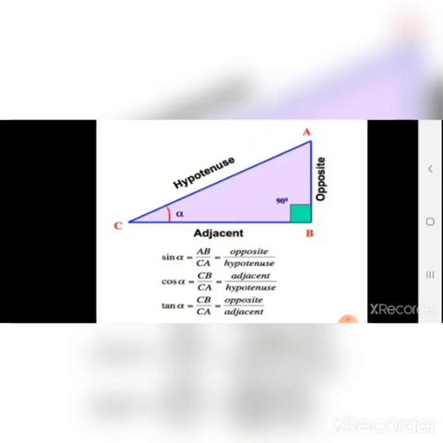So sine A will be opposite upon hypotenuse, equal to BC upon AC. Cos A, adjacent upon hypotenuse, will give you AB upon AC, and tan A will be BC upon AB.